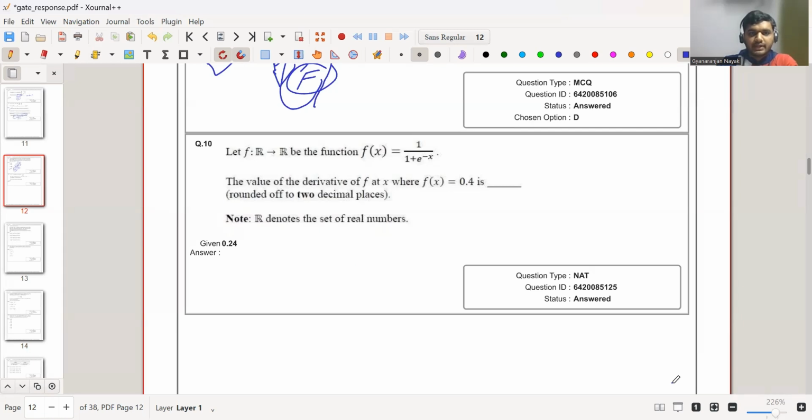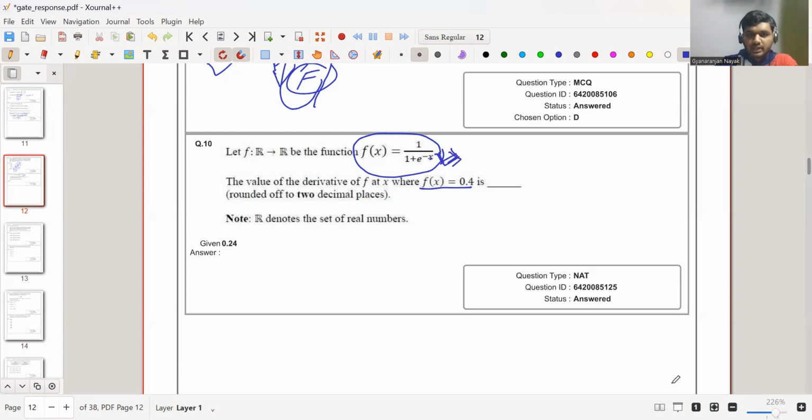Let f be the function f(x) equal to 1 divided by 1 plus e to the power minus x. That is, you know, a sigmoid function used in neural networks. So the value of the derivative of f at x where f(x) equal to 0.4. It is given that the sigmoid function value is 0.4.